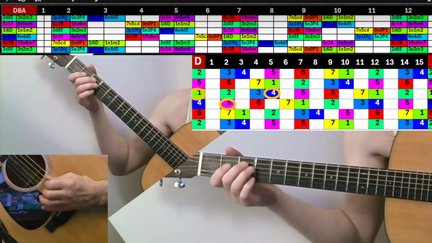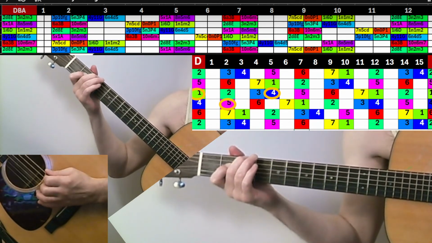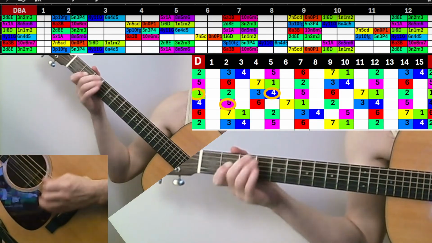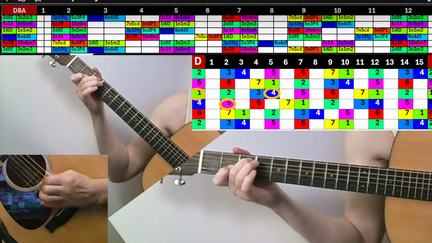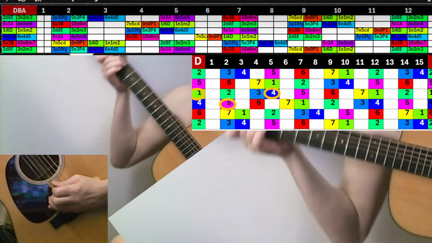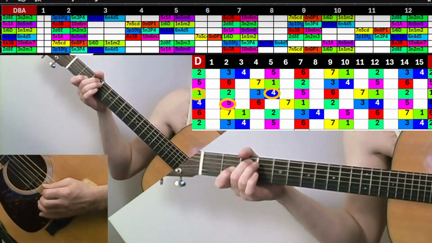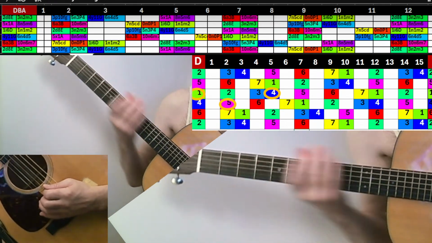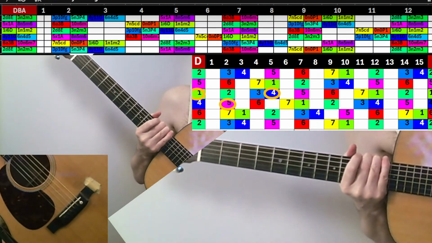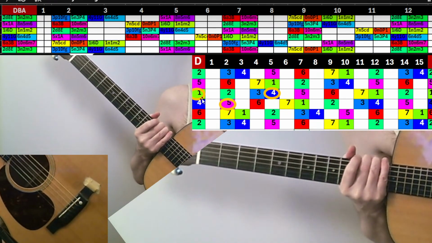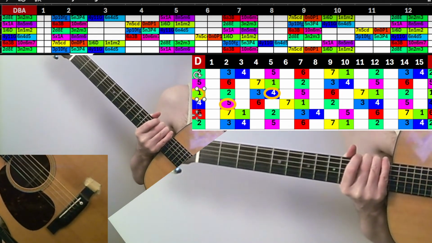So a lot of times I might just memorize the shape, and whatever I do over here. But technically, if I do that, I've kind of switched to now the Mixolydian of the D, right?